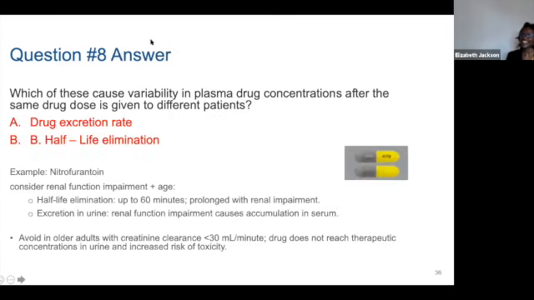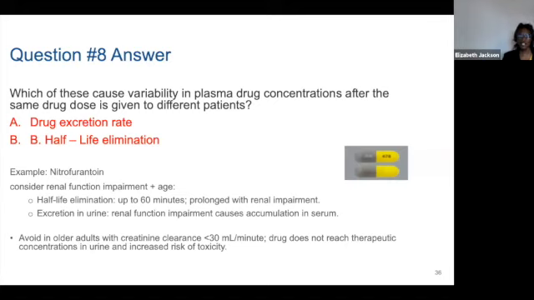The answer is A and B. An example would be nitrofurantoin. In this drug, you want to consider the renal function. If a patient has renal function impairment and they're also elderly, so you also want to consider the age, the half-life elimination will be up to 60 minutes.